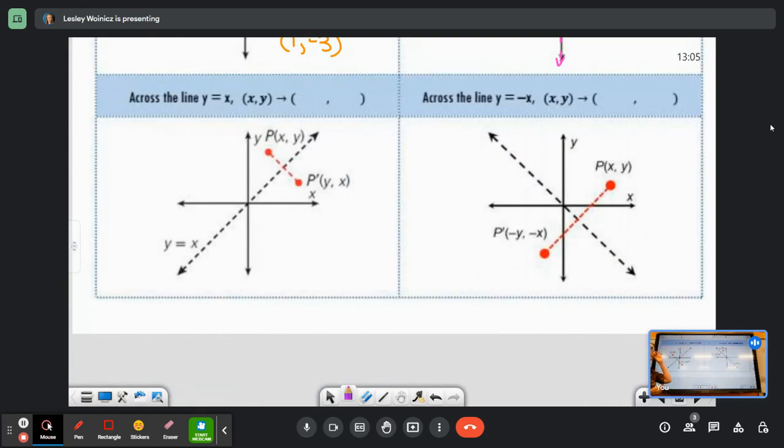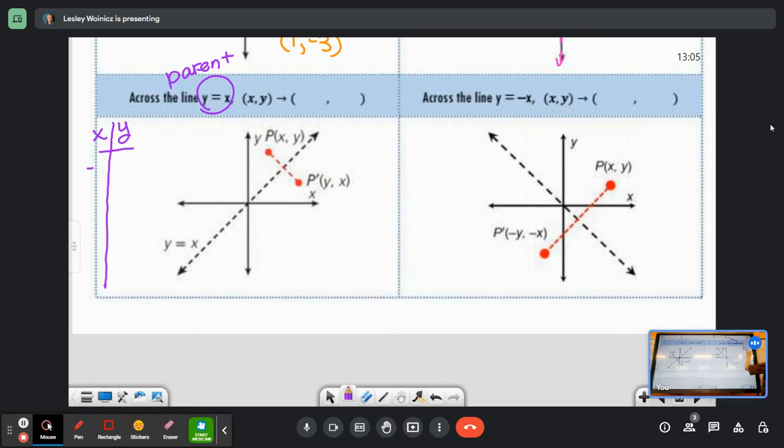Okay, this is a fun one. Now we are reflecting across a different line. We're reflecting across the line y equals x. This you might recognize from Algebra 1 as your linear parent function. Okay. In order to get the points that are on that line, you want to think of x's and y's that are equal to each other, right?